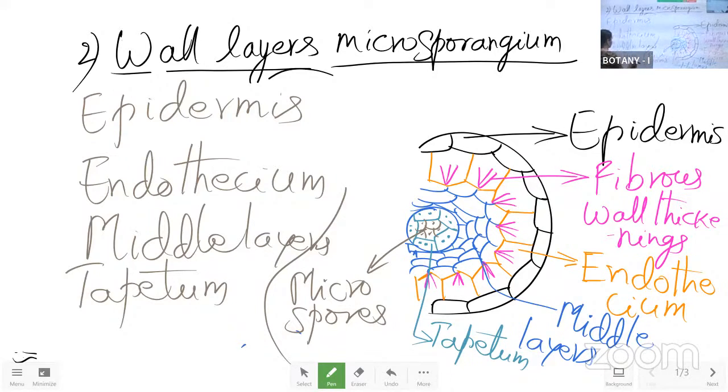Now, the third wall layer, that is the middle layers. Here we have to say it as layers. It's not layer. Okay, middle layers, plural. Here, grammar is also considered. If you are writing middle layer and you are saying them as 2 to 7 in number, then we won't accept. We can cut the marks to half, to 1 mark only for the S letter over there.